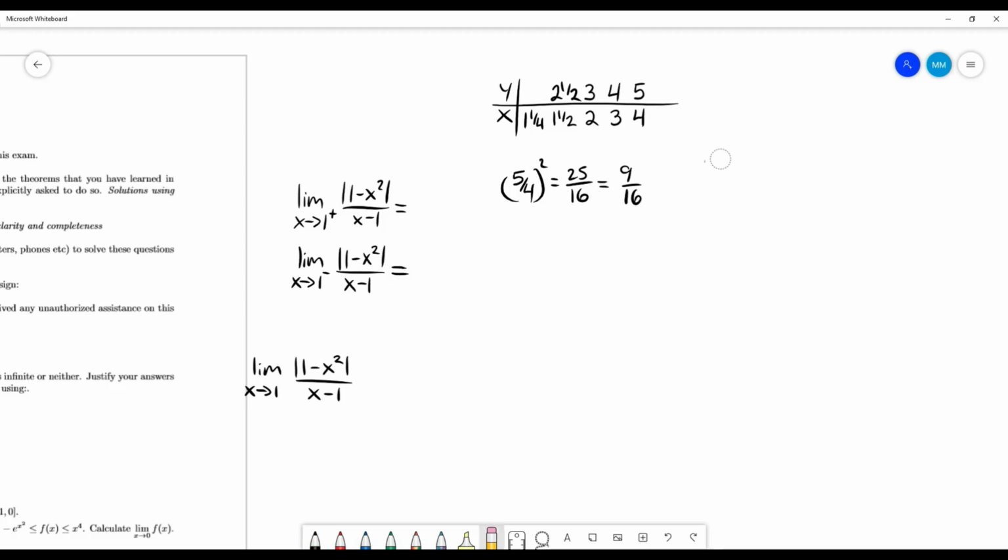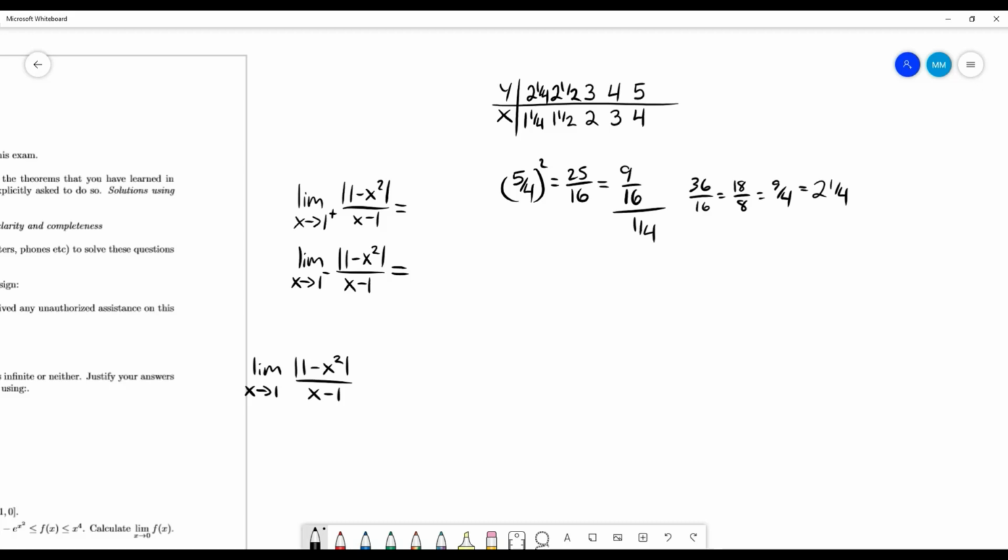Yep. Okay, so we're going to get 9/16, and that's going to be over 1/4. So it's going to be 36/16. Or I could reduce that to, of course, 18/8, or 9/4, which is 2 1/4.